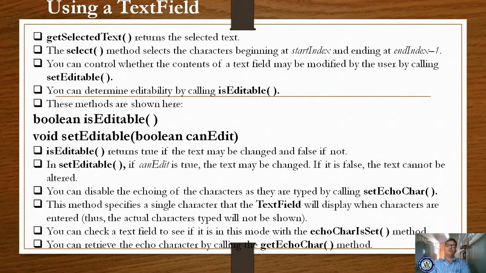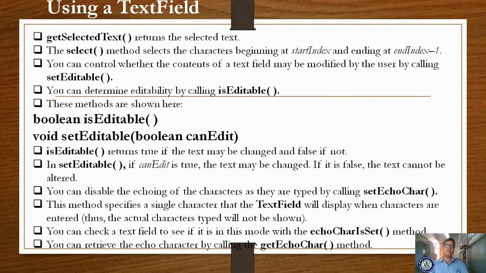If you have already set your text field as not editable, then it returns false. If it is editable, then it will return true. In setEditable, if canEdit is true, the text may be changed.